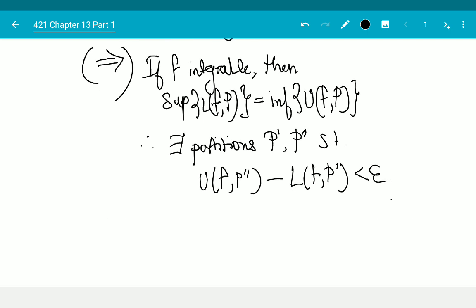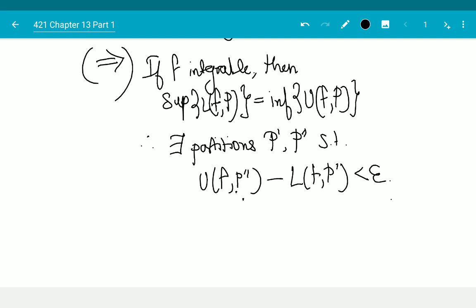Why? I can find a P'' such that it differs from the infimum by at most epsilon over 2.